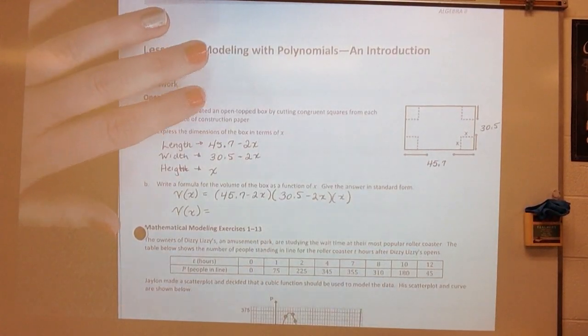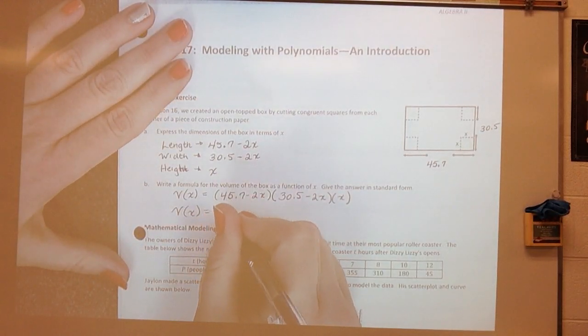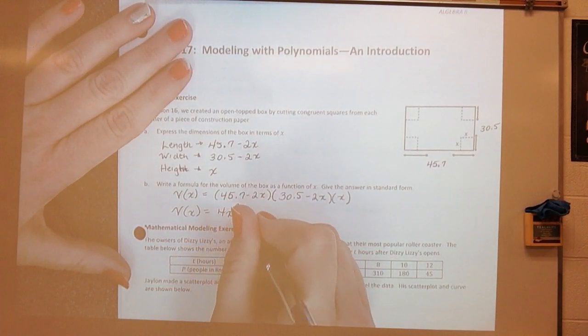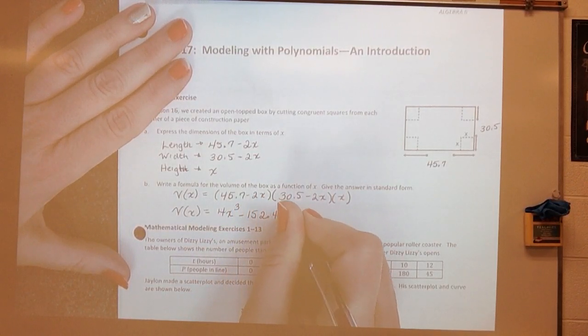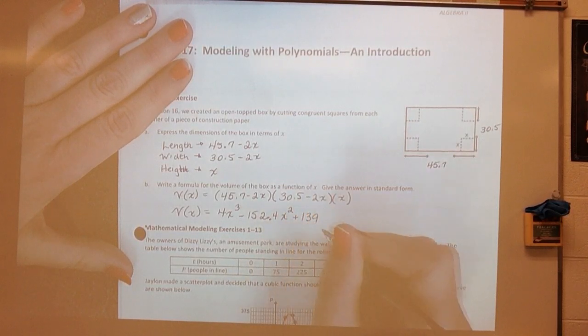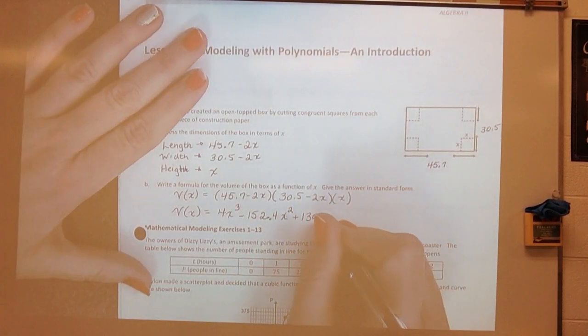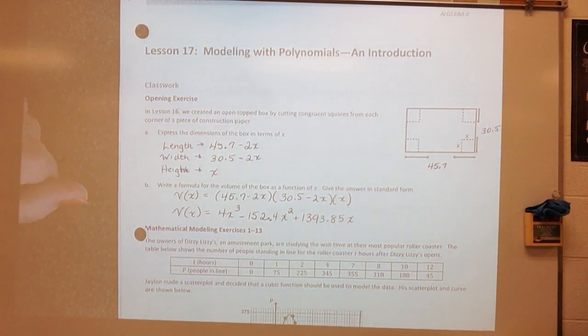By the time I multiply all of this out, I would get 4x cubed minus 152 4/10 x squared plus 1,393 85/100 x. So that's what it would look like as a function. Alright? That's how it would look like as a function.